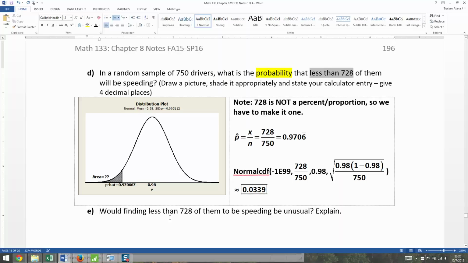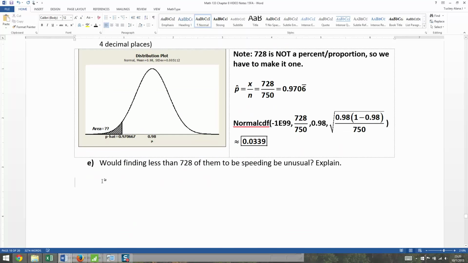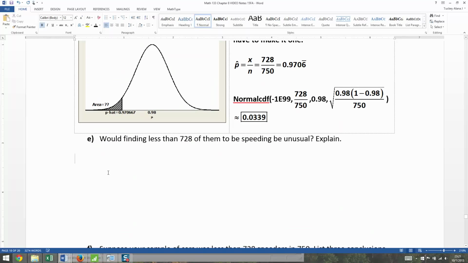All right, now would finding that small a number of speeders, finding less than 728 of cars speeding, be unusual? Yes, definitely, right?